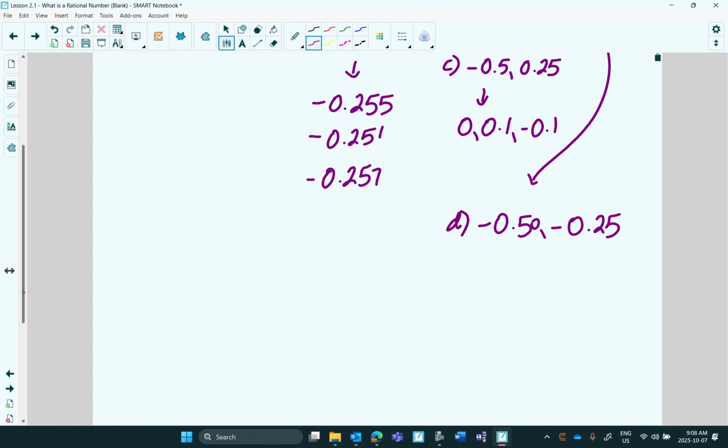So basically, we're looking for numbers that are negative 0 point, and in between 25 and 50. 26. Another one? 45. One more. 39. Well done. Good job.